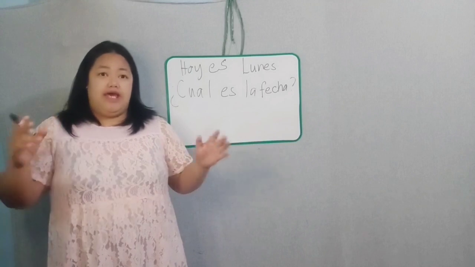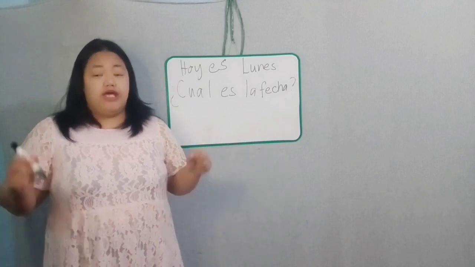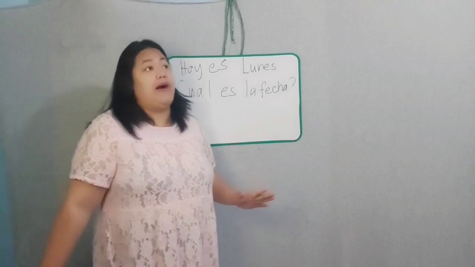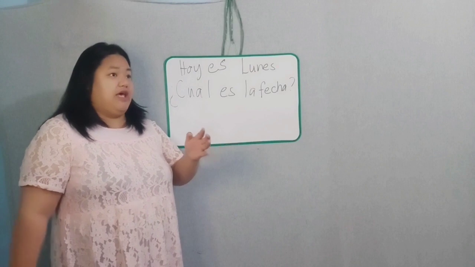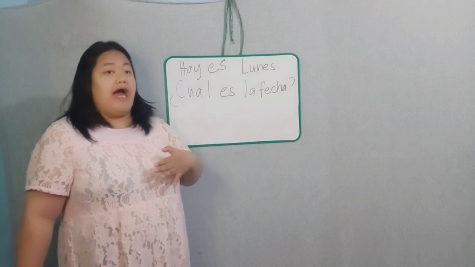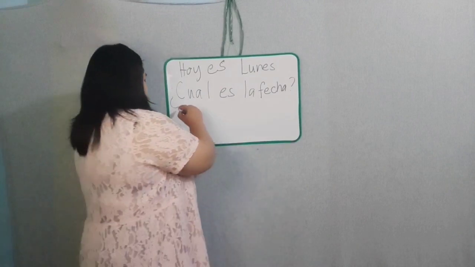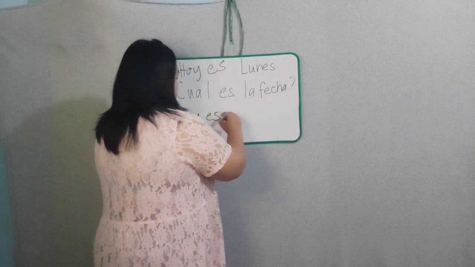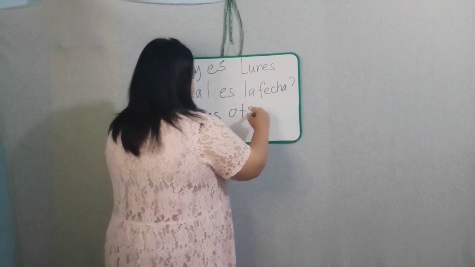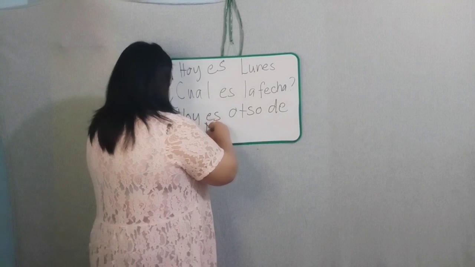Now, how we say the date today in Spanish, we'll have a pattern. The way to say the date in Spanish is you have to say the day first, and then after that, the month. So, hoy es 8 de mayo, por ejemplo.